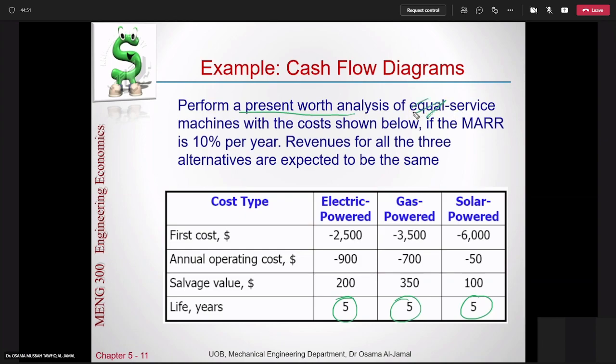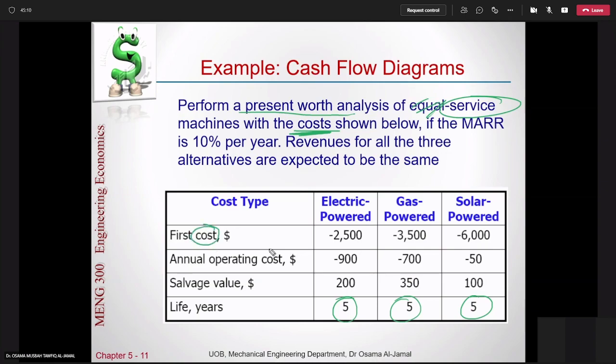It gives us the costs. Since they are service, this is a cost.